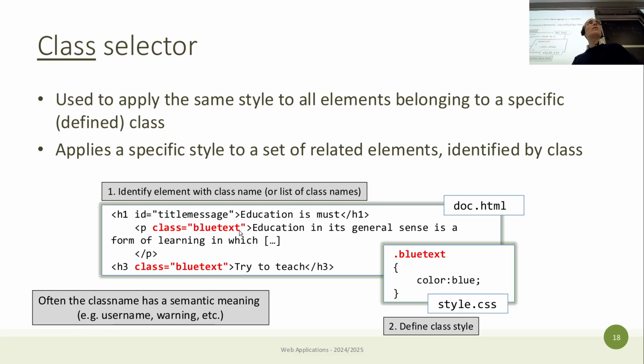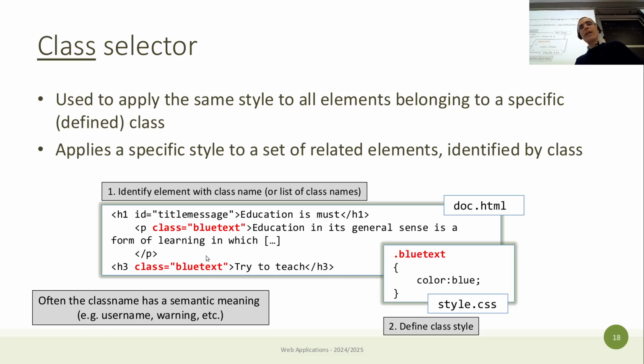The string is decided by the designer of the web page. And if this string matches the string that you use as a selector of the CSS rule, and you put the dot before, the dot means that what follows needs to be searched as a value of a class of the elements in the HTML document.